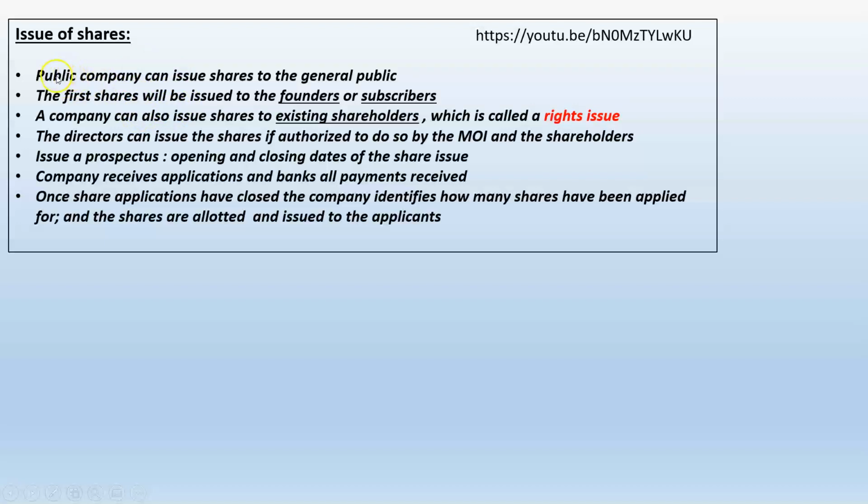And then it can only be taken up in the case of a private company by somebody who is not already a shareholder if the current shareholders give their approval for such uptake of additional shares. But a public company can issue its shares to the general public. It doesn't matter who's taking up the shares. That is totally transferable from one person to another. So a public company can issue shares to anybody.